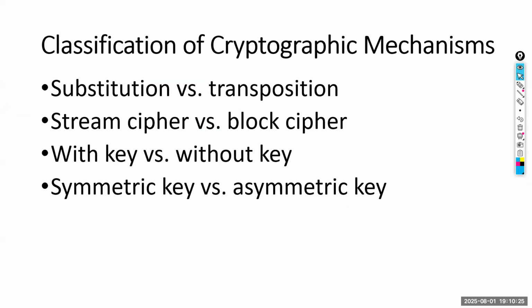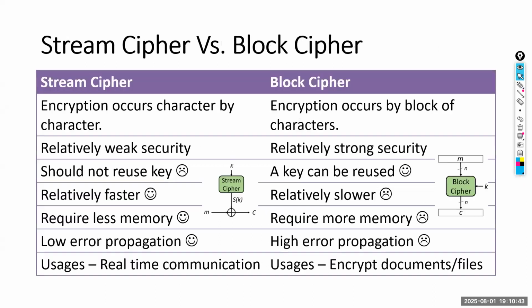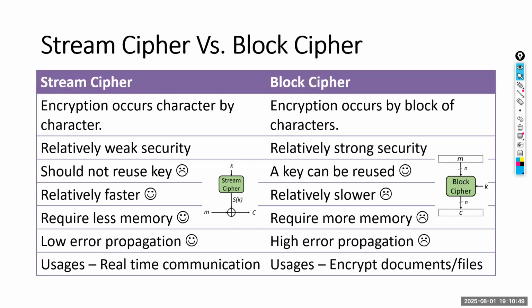Right. So last time we discussed the classification: substitution versus transposition, stream versus block, with key versus without key, and with key, symmetric versus asymmetric. We discussed what is substitution cipher, what is transposition, right? Transposition means mixing. Then the stream cipher versus block cipher.